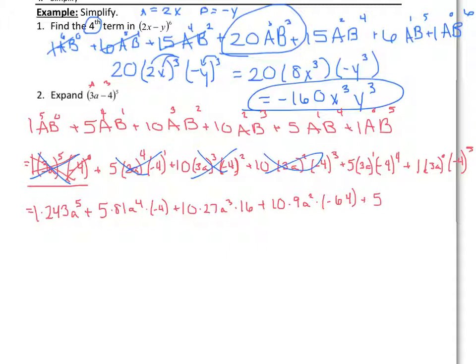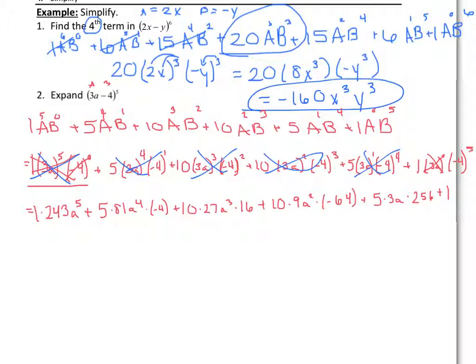3 to the 1st and a to the 1st is just going to be 3a. Negative 4 to the 4th is going to be a positive 256, plus 1, anything raised to the 0 power is 1, so I'm not going to write it.